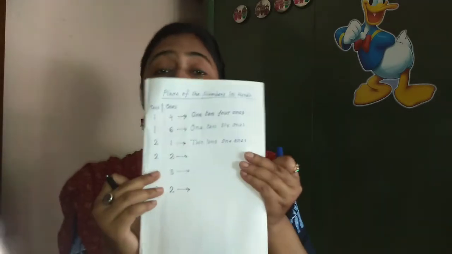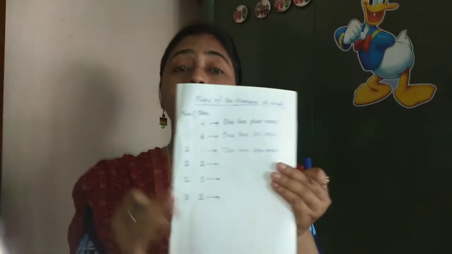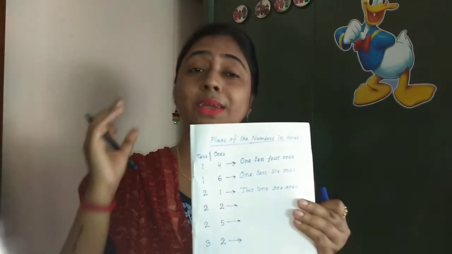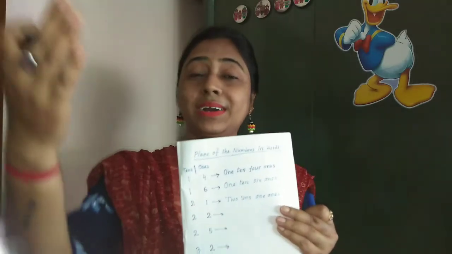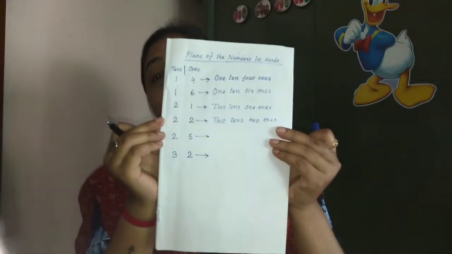How will we write 22 in words? I hope you are all saying it at home: 2 tens, 2 ones.